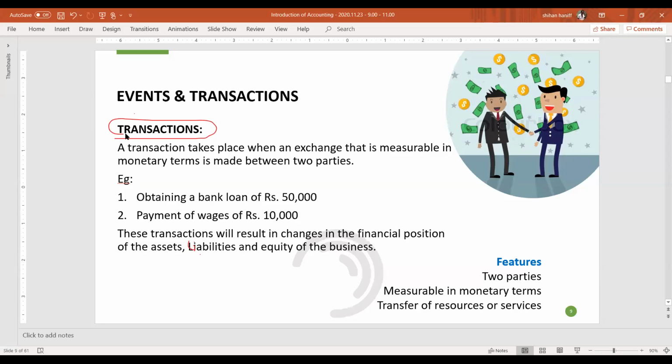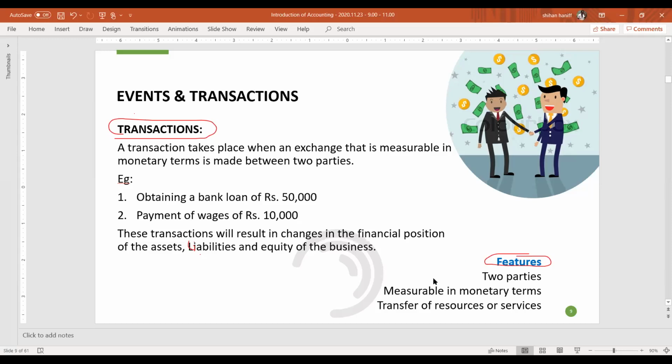You're going in the tuk and paying the charges, that's a transaction. A person is working and getting a salary, that is a transaction. So you need to understand the features of a transaction. Then it's clear.